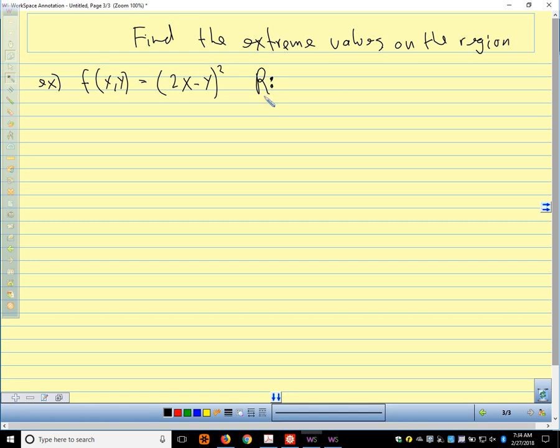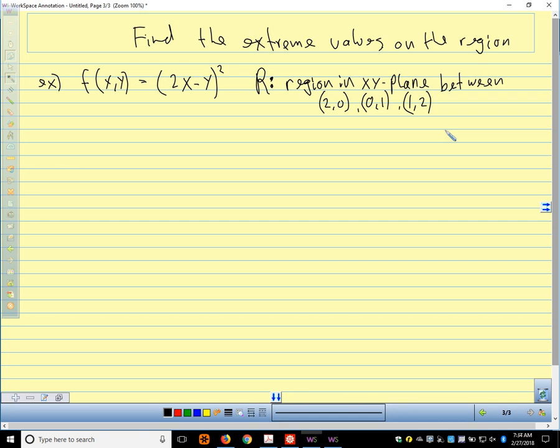This is R for region. A colon reads "such that." This one won't have curly brackets, the next one will. This one's just going to be defined verbally. R is the region in the xy plane between (2,0), (0,1), and (1,2). So what's our region? A triangle.